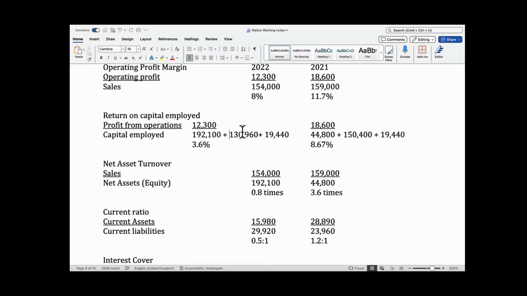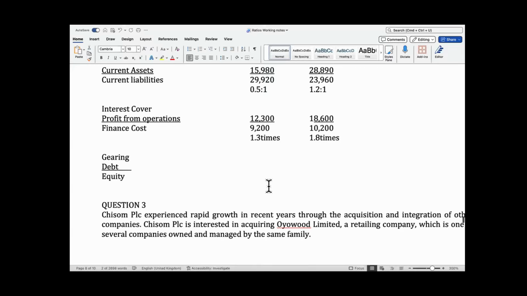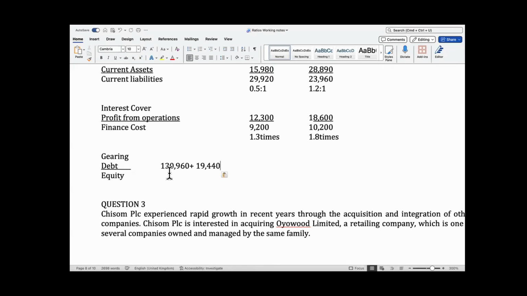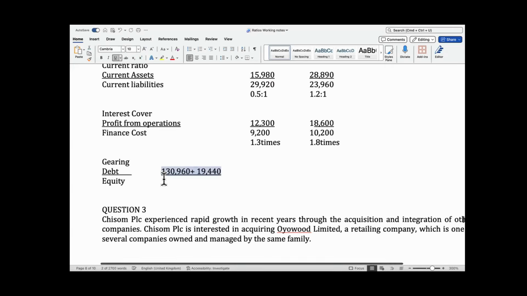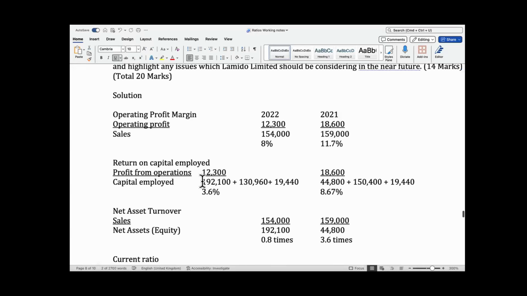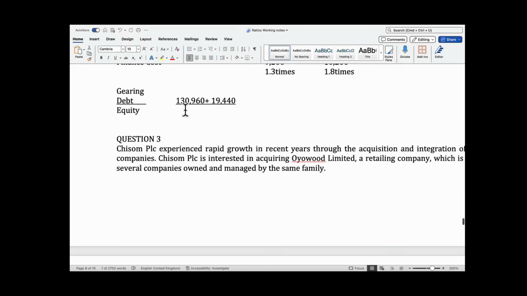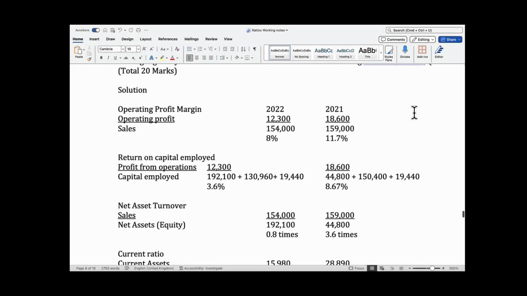Okay, this debt here, over equity. This is equity, times 100. And the second one, where's my debt?